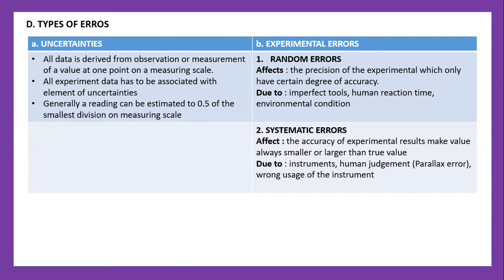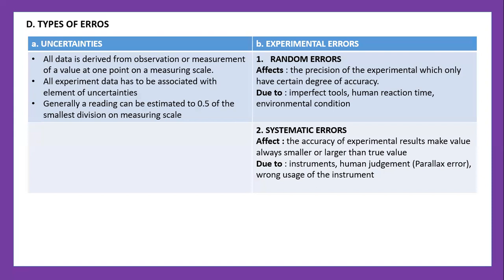All experimental data has to be associated with elements of uncertainty. Generally, a reading can be estimated to 0.5 of the smallest division on the measuring scale. Meanwhile, experimental error refers to random errors or systematic errors.